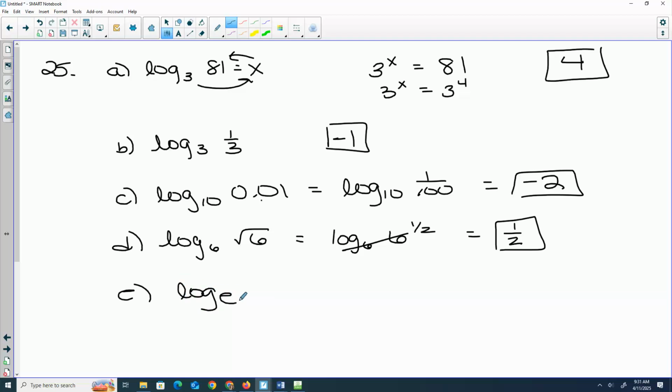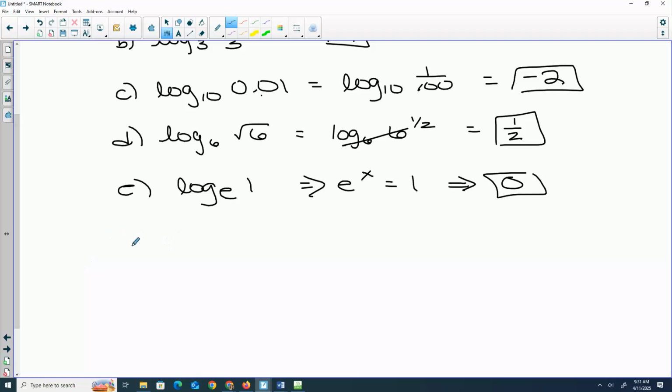E, log base e of 1 means e to what power equals 1? And we know anything to the 0 power is 1. So these logs, you can work them out, or you might be able to just look at them and know. F is probably a little bit harder.